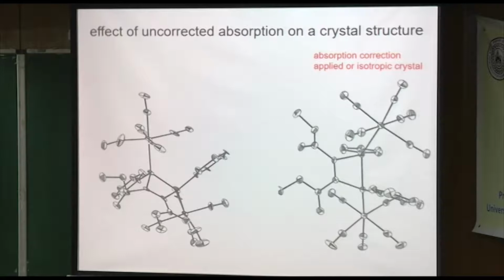So the picture on the left is sometimes an indication of other problems, but in this case it was an absorption problem. They're not exactly in the same orientation, sorry about that, but it's the same structure.